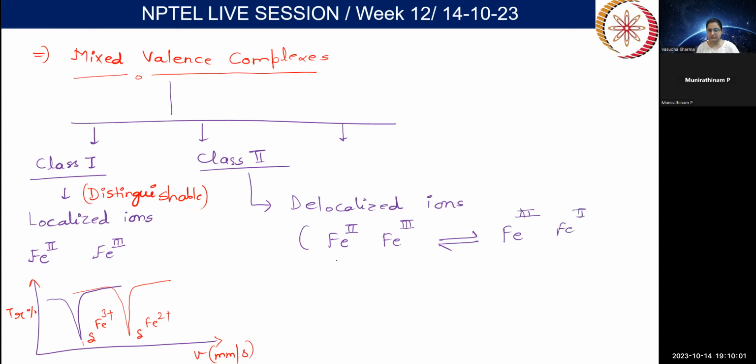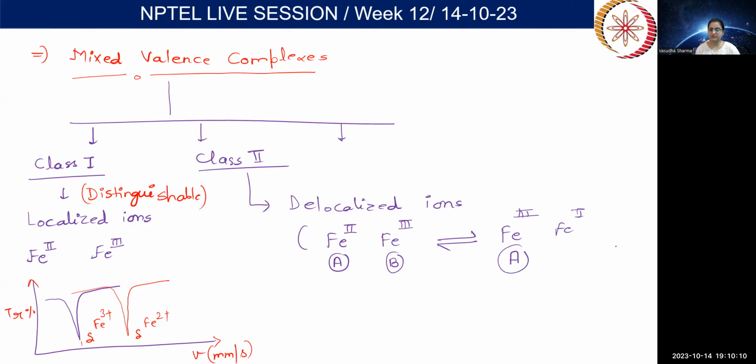If I mark this as A and this as B, then A will convert to iron 3, and B will go to iron 2. So now this A has gone to this, so the transfer has occurred and they have now become delocalized.